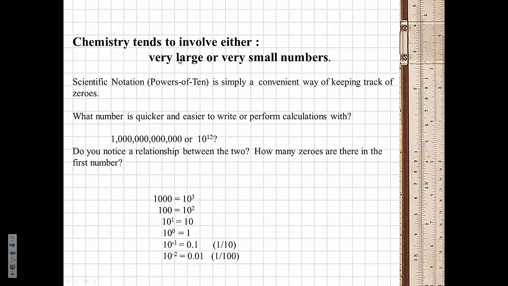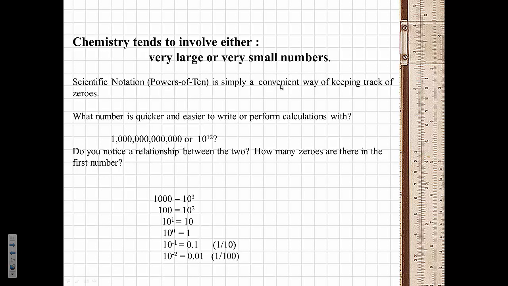Some numbers, such as this, is 1 trillion, right? A lot of zeros here, and it would be real easy to miss a 0 or 2, and if you do, you're not off just by a little bit, you're off by a factor of 10 or more. So it's a lot easier to write large numbers like this in what we call scientific notation, or powers of 10.